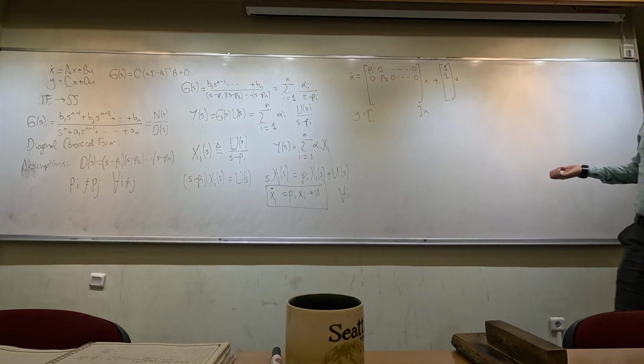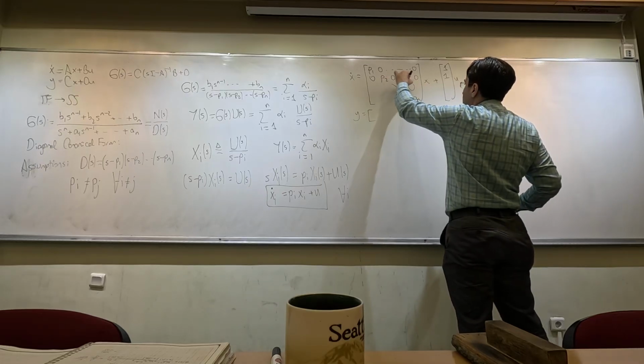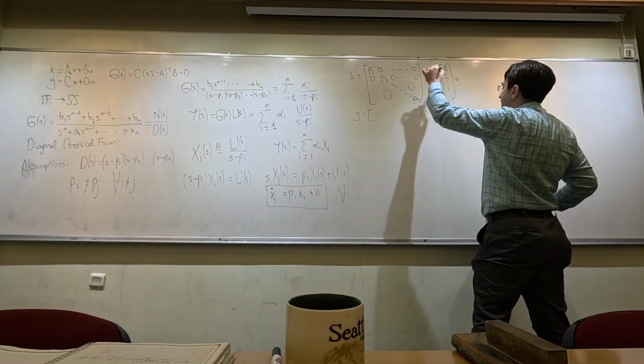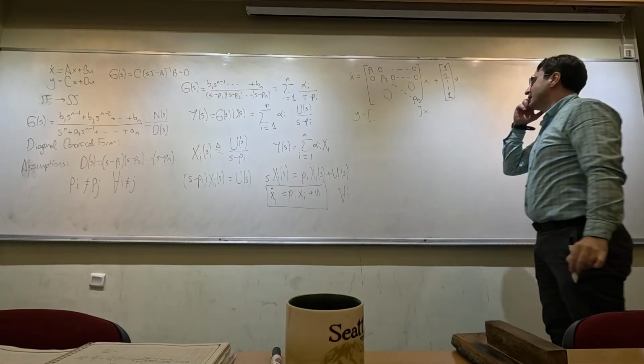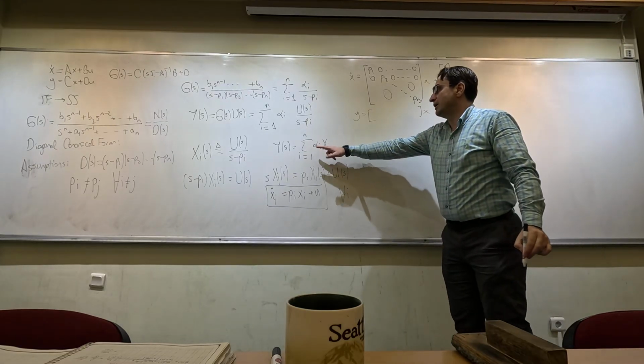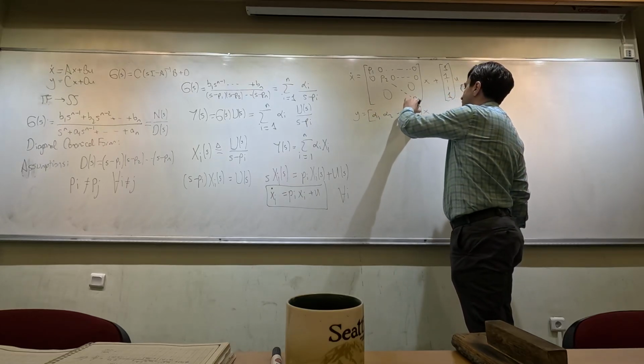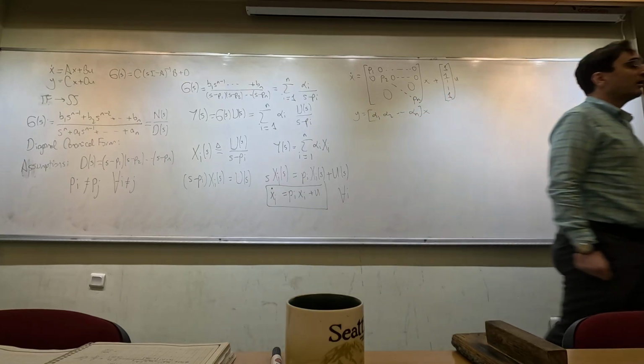I will fill in the A matrix in this form, in which case we will see that we have a diagonal A matrix, and we have a B vector filled with 1s, and finally I have the output equation, where the C vector is going to be filled with alpha 1, alpha 2, and so on.